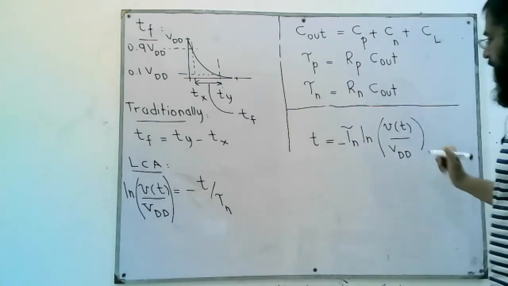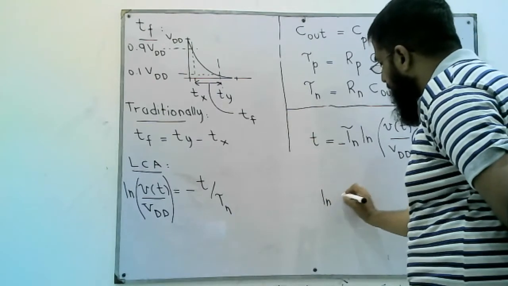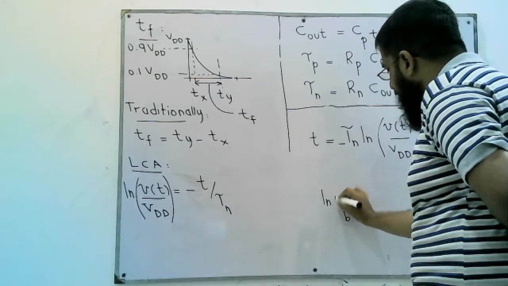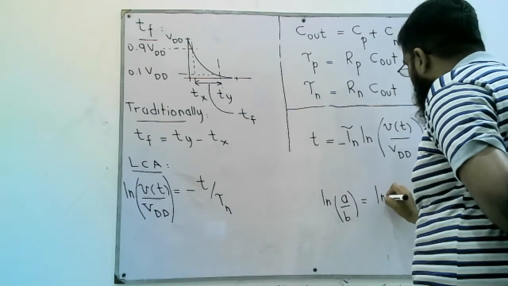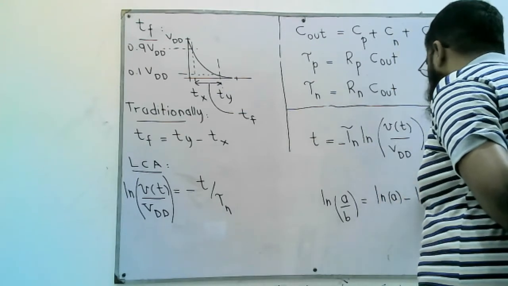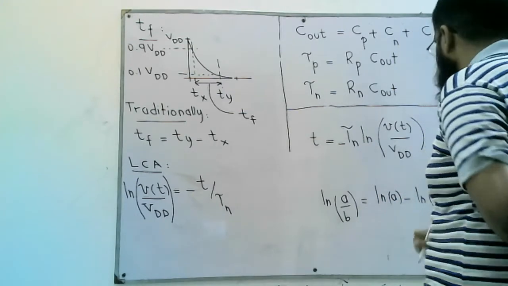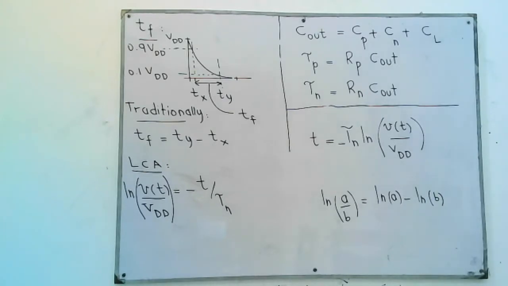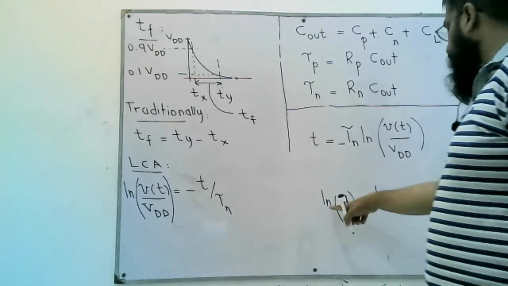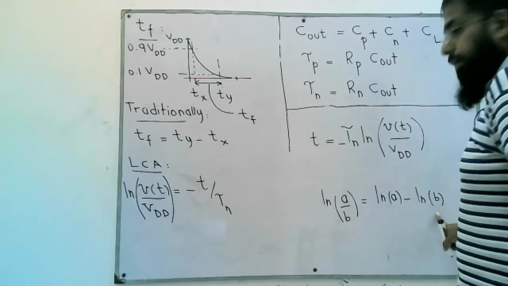Right, and we know that log of A over B is log of A minus log of B. We studied that in class 9, class 10, in school and college.